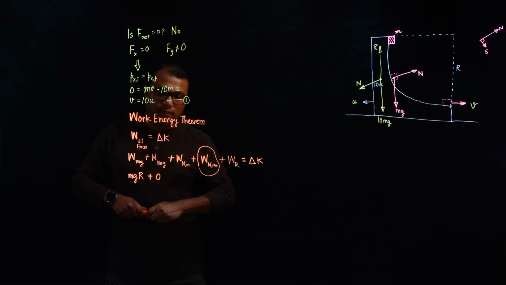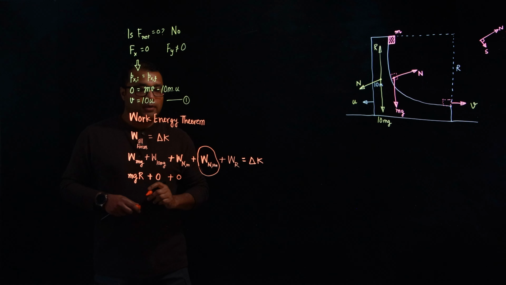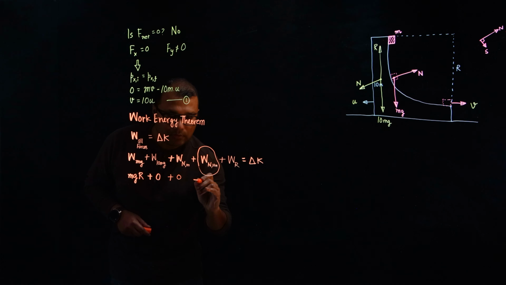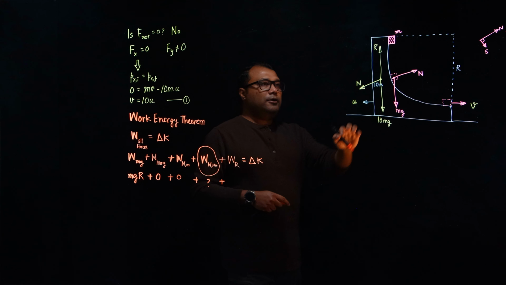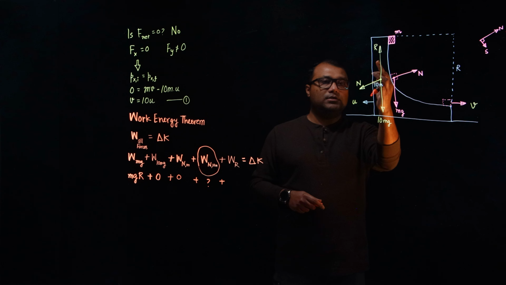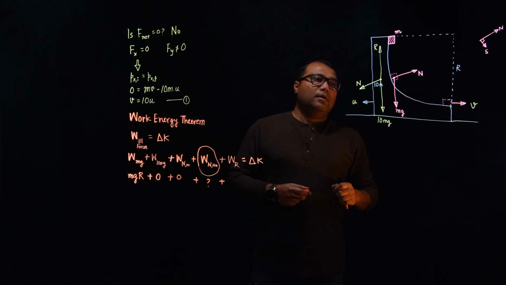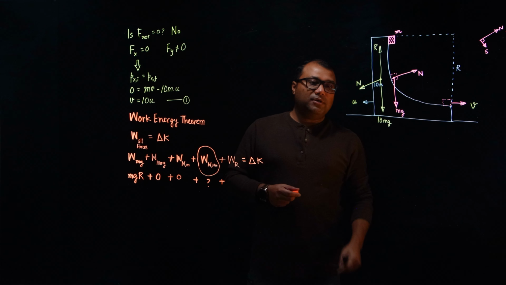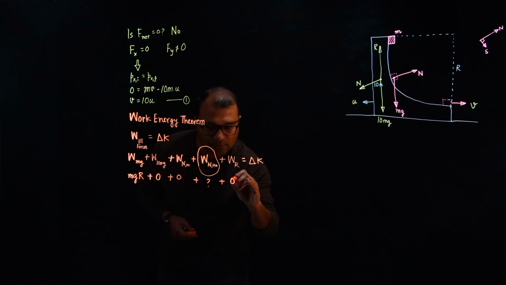So this work done is also 0. We'll think about this in a little while. Similarly, what's the work done by this reaction R that the ground is giving on 10m? Again, this is in the y direction. The displacement of 10m is in the x direction. So this one is 0.